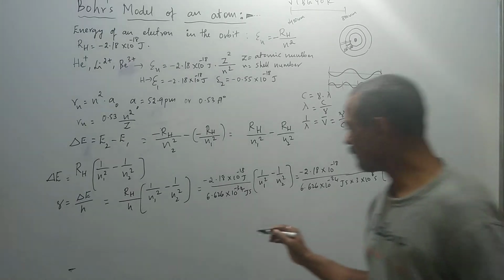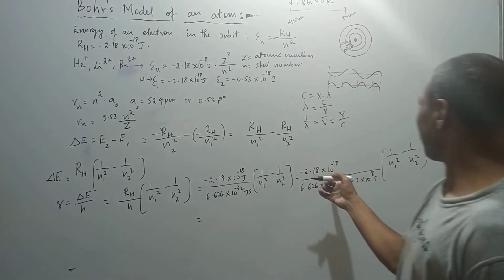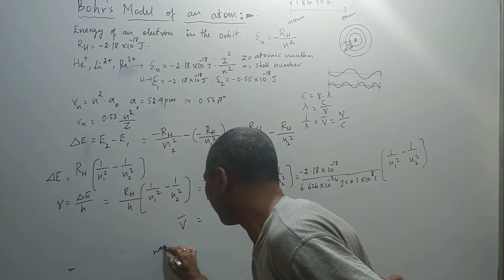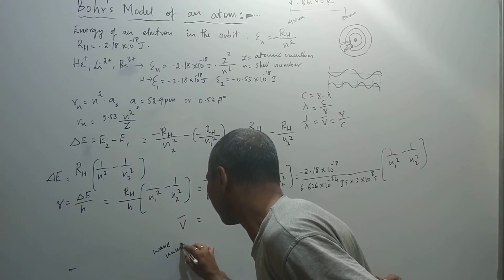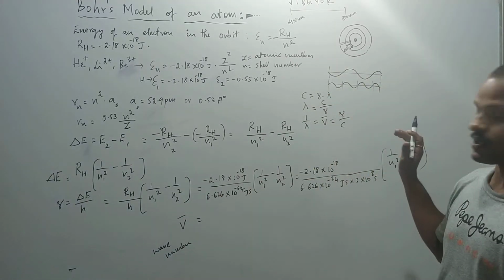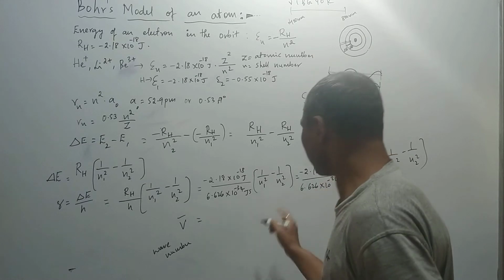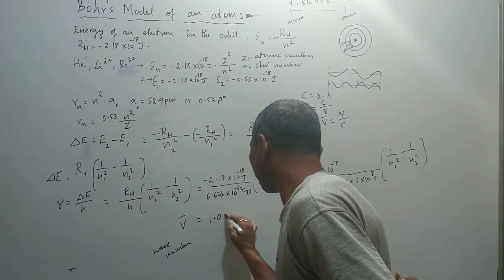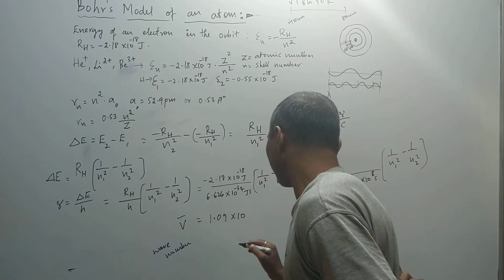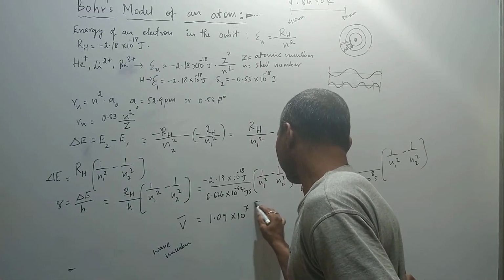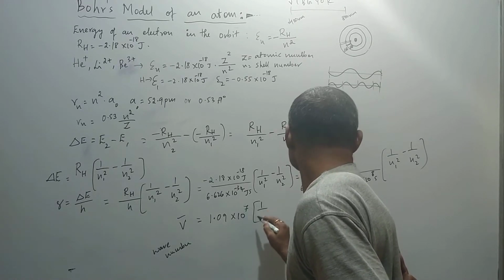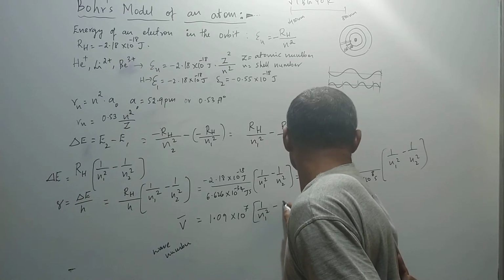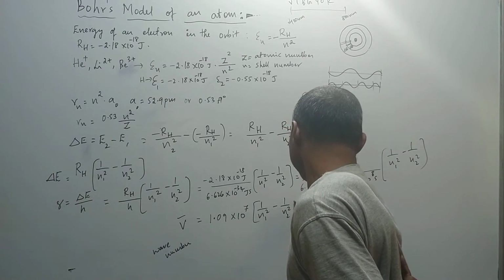So here the final expression that is obtained is the wave number. That means the number of waves. The value of this is 1.09 into 10 to the power 7 upon 1 by n1 square minus 1 by n2 square.